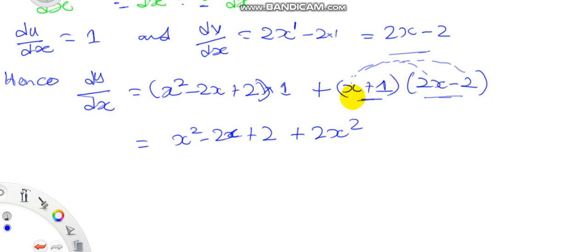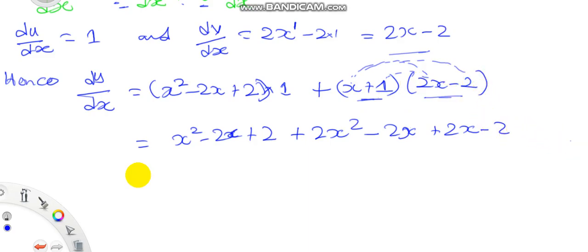Then x times minus 2 is minus 2x. We do the same for 1: 1 times 2x is plus 2x, and 1 times minus 2 is minus 2.